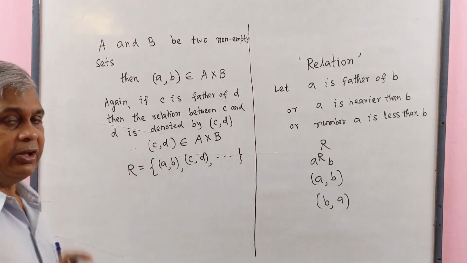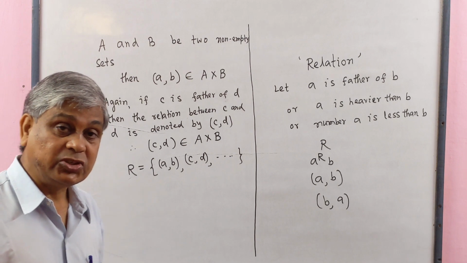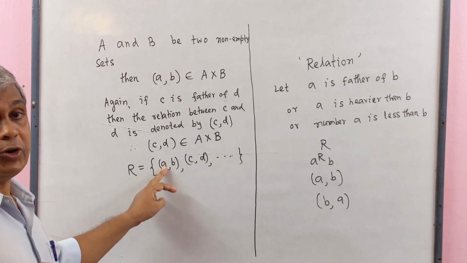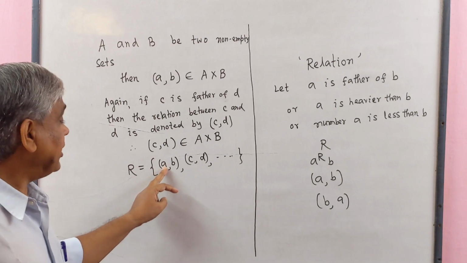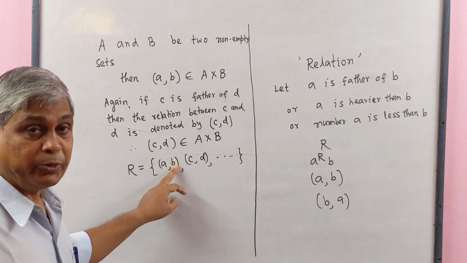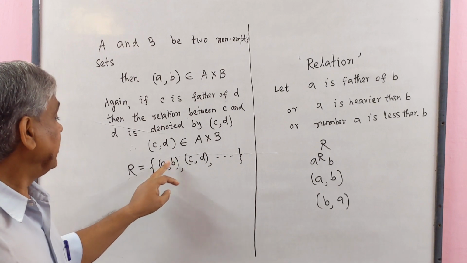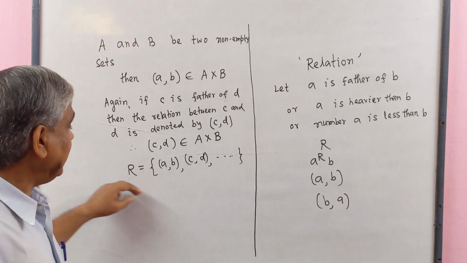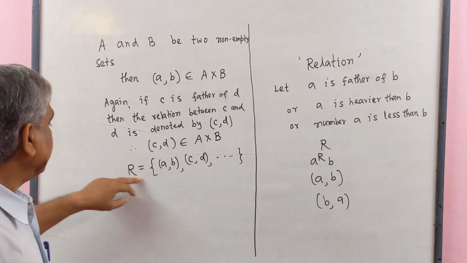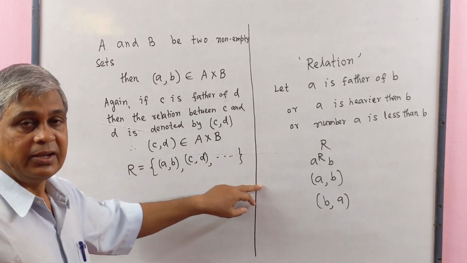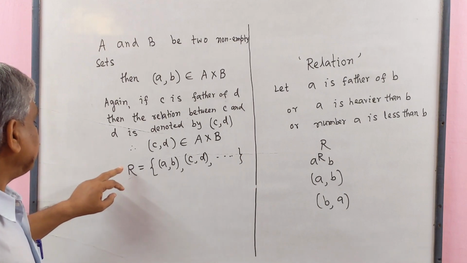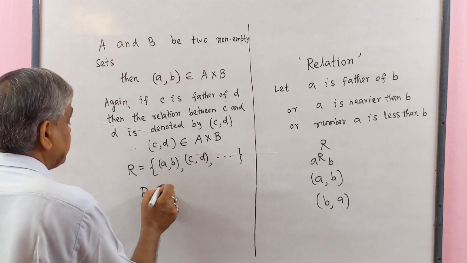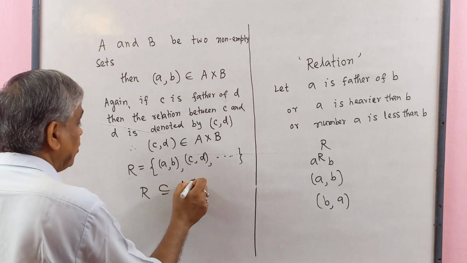Here, in each ordered pair, we see that the first component of the ordered pair is father of the second component of the ordered pair. Here A is father of B, C is father of D, and in this way we get this set, and this set R must be a subset of A cross B.